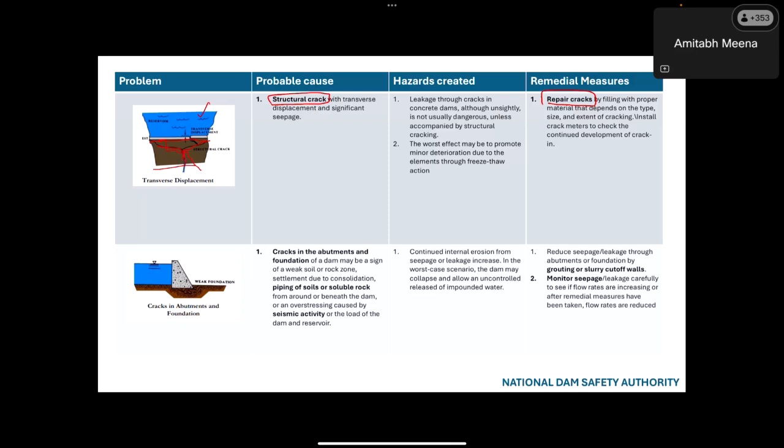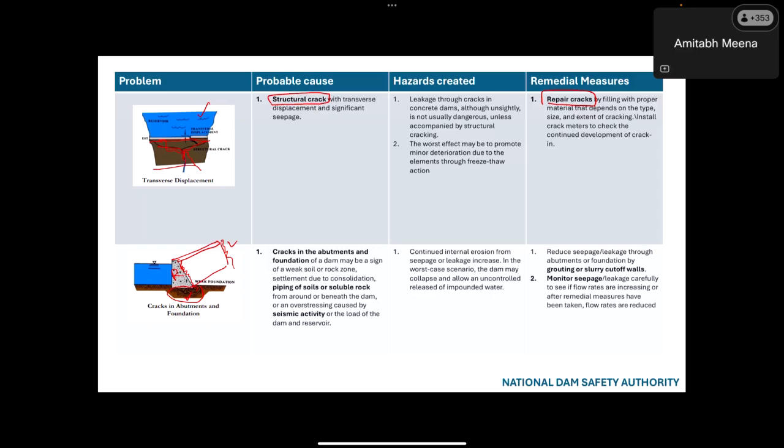These are the causes, and there may be some cracks due to sinking of the foundation also. If the foundation rock is not strong enough, or it doesn't have the required bearing capacity, then also there may be some problems with the stability of the dam.